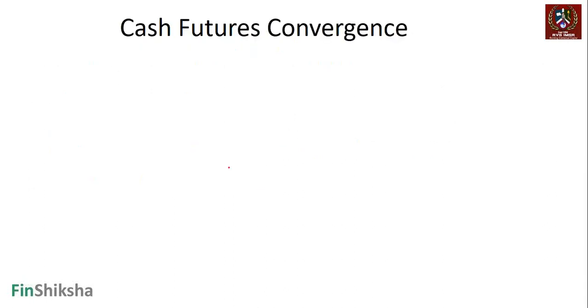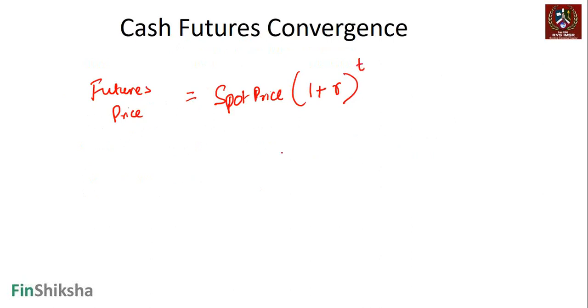In cash futures convergence, we need to remember that the price of the future, as we've gone through, is calculated as the spot price into 1 plus the expected rate of return raised to the power t, t being the number of days to expiry or maturity of the contract.